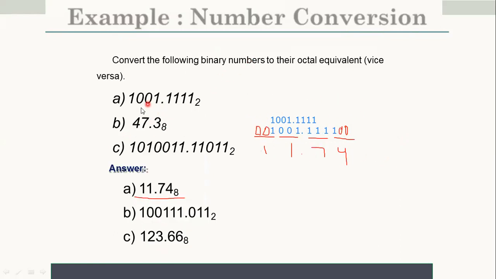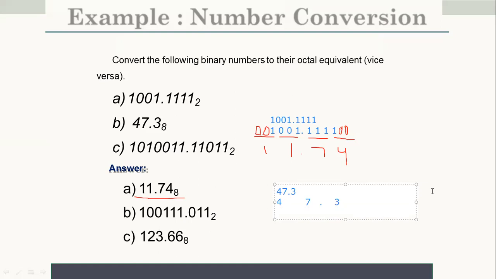See the next one. Here 47.3 with base 8. That means this is an octal number, which will be converted into binary. So how to convert that? Here 47.3, that means 4, 7, 3.